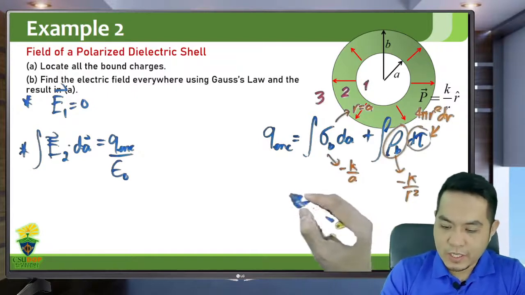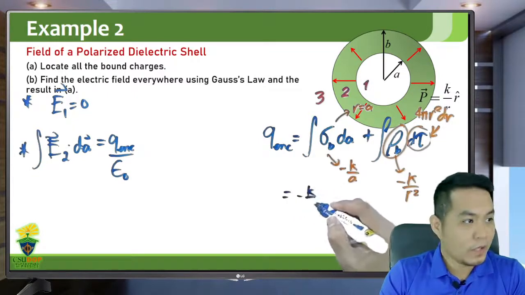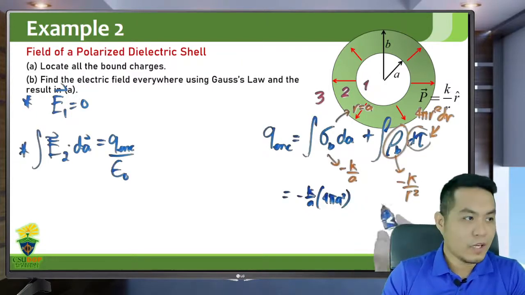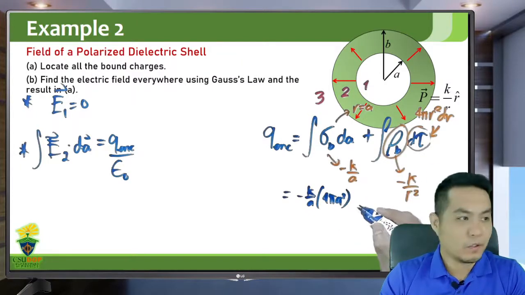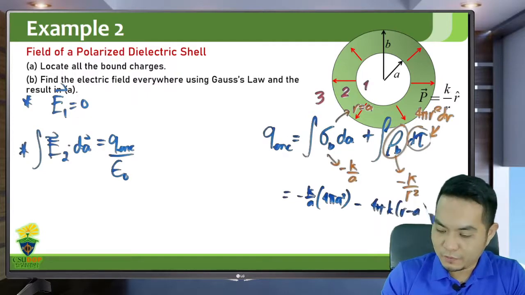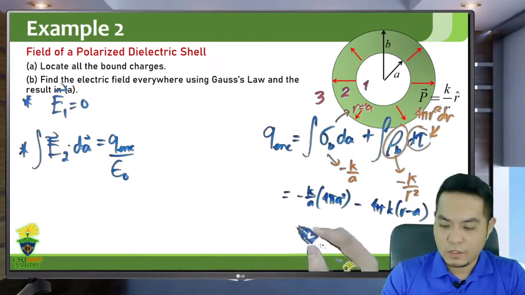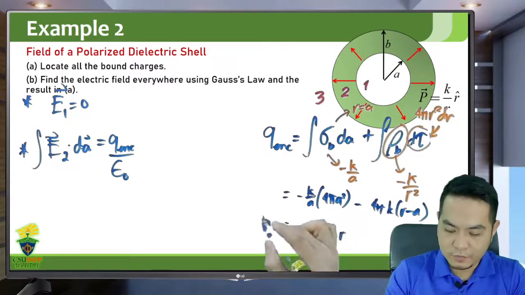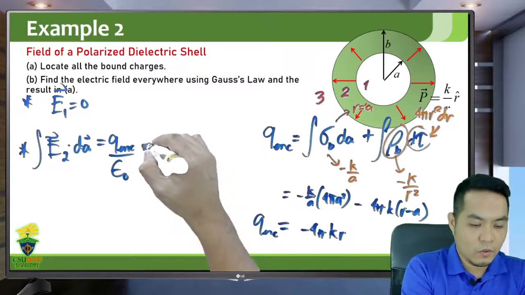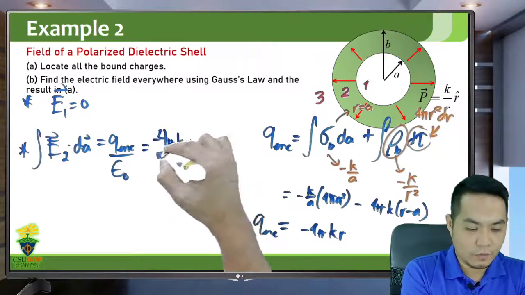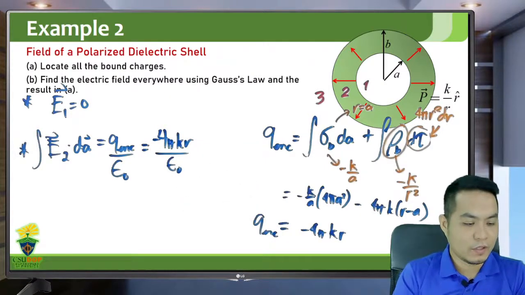So you will get negative K over A times 4 pi A squared, and from this integral here, you will get 4 pi K (R minus A). So the charge enclosed will be negative 4 pi K R. So this will now be negative 4 pi K R over epsilon naught.